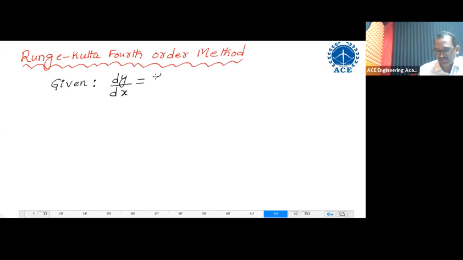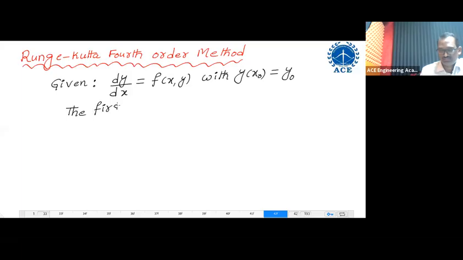Given dy by dx is equal to f of x comma y with initial condition y at x naught is equal to y naught. The first approximation is y1 is equal to y naught plus k.